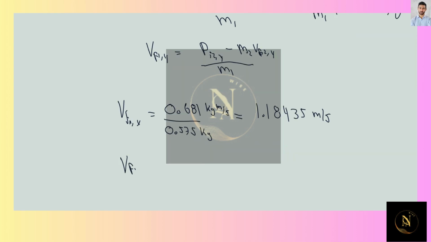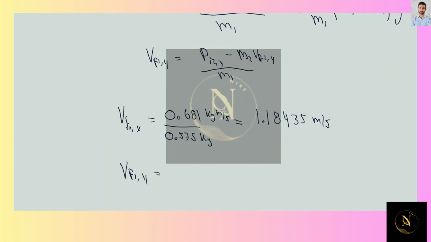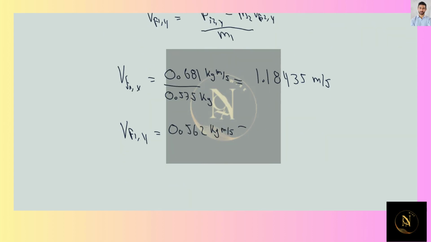And for the final velocity of 1 on the y-axis, this is going to be equal to the initial momentum of 2 on the y direction, which is 0.562 kilogram meter per second, minus mass 2, which is 0.448 kilograms, multiplied by 0.500 meters per second, which is the final velocity, and all of this divided by mass 1, which is 0.575 kilograms.